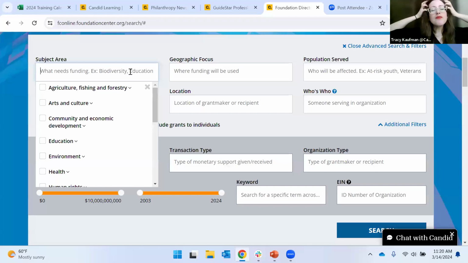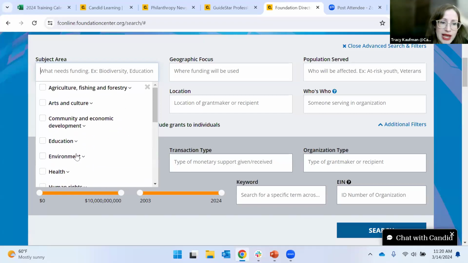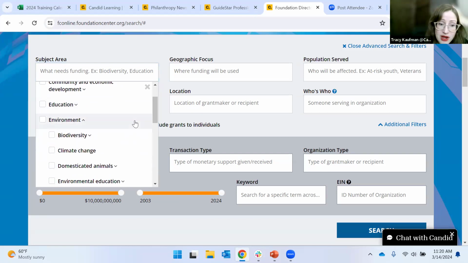and it'll be more and more intuitive. So let's say, as I mentioned before as an example, an environmental organization in Connecticut. Let's pretend that's us. So here we have environment. If you scroll through here, we have a lot of major overarching categories, but in most of these, there will be subcategories. Click the little arrow here, and we have subcategories under the environment.